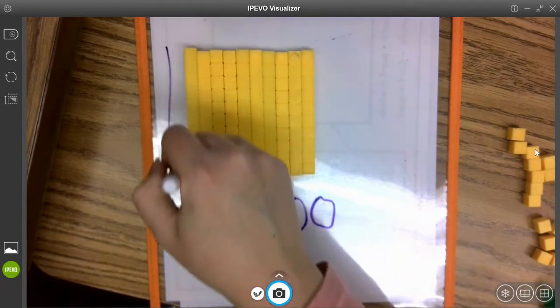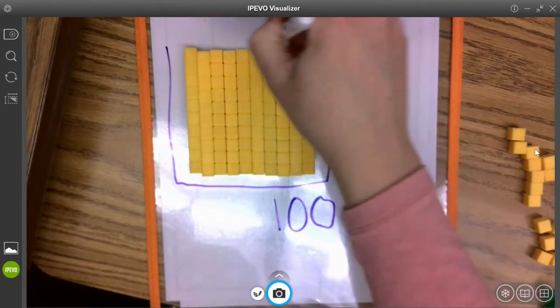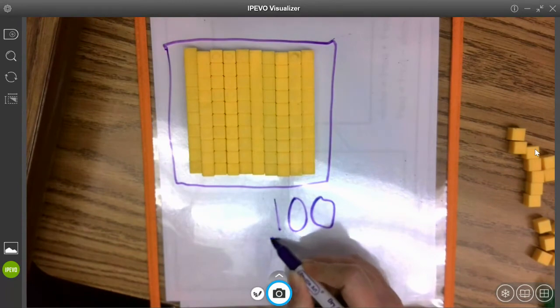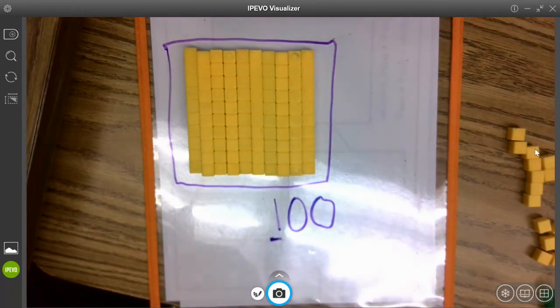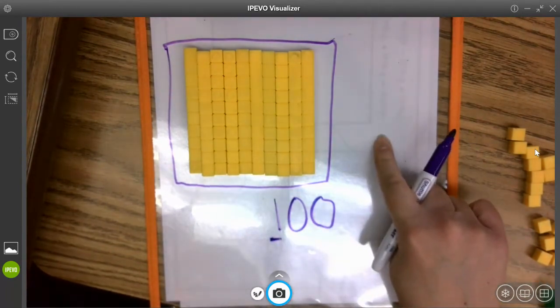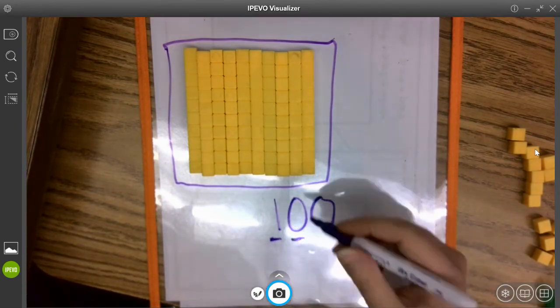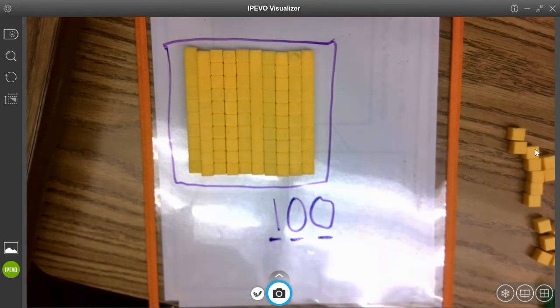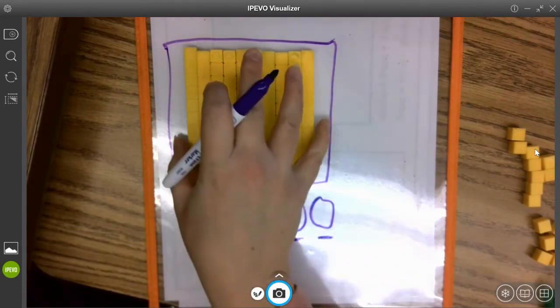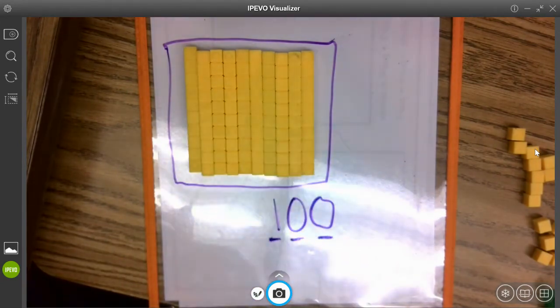Okay, so 10 tens makes 100. And then aside from that 100, there are 0 extra tens and 0 extra ones. When you get 10 of something, you can hook it all together.